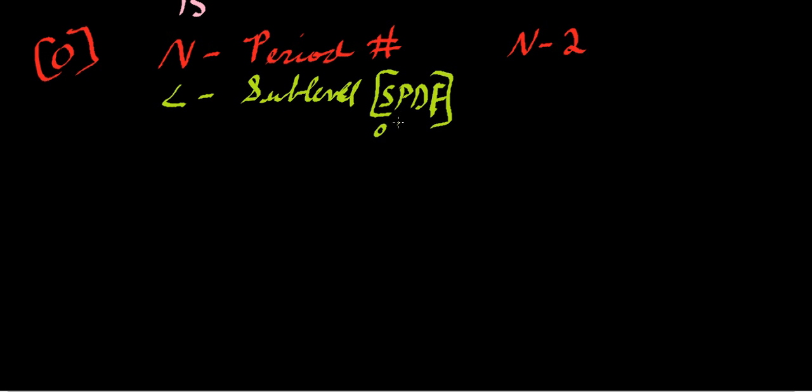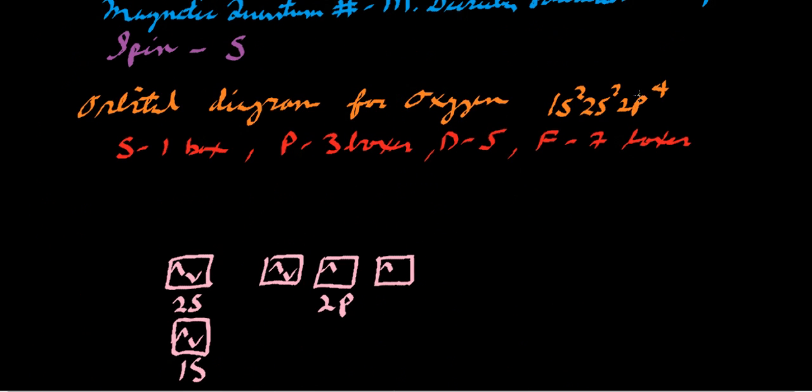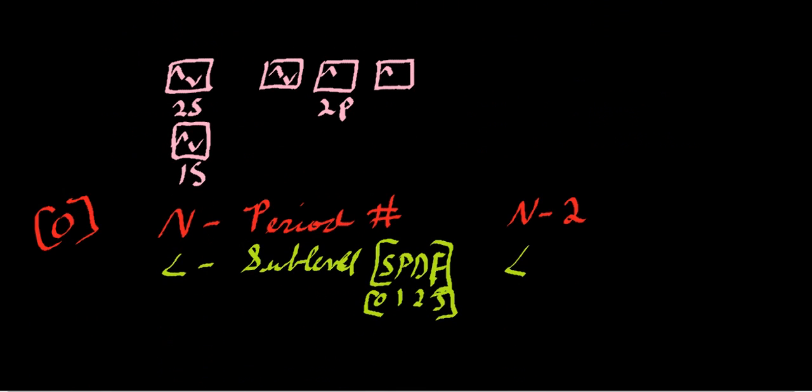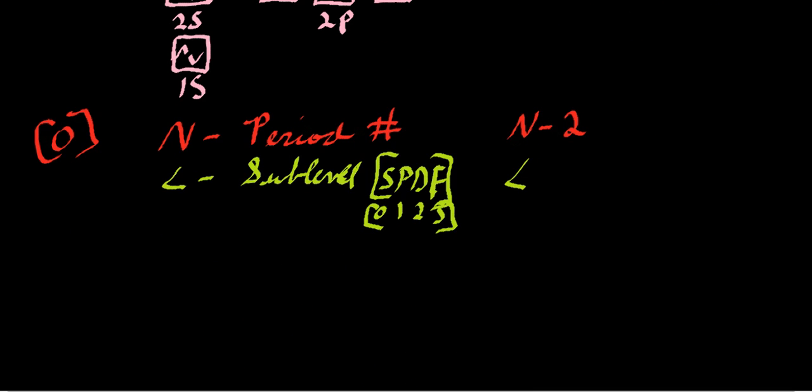S is 0, P is 1, D is 2, F is 3. So in this case, if we look at our periodic table and where oxygen is, we look at our final electron configuration, and we notice that it is 2p4, P meaning that's the sublevel it ends at, so the sublevel is P, so that would be 1.